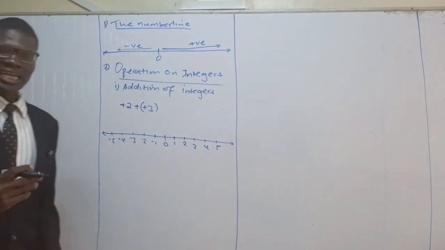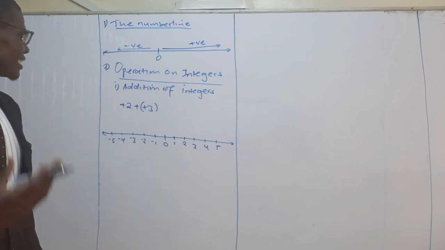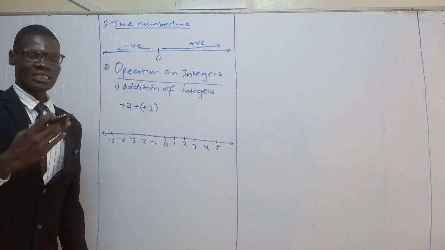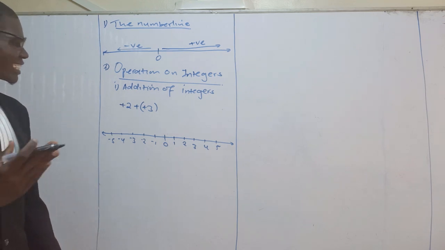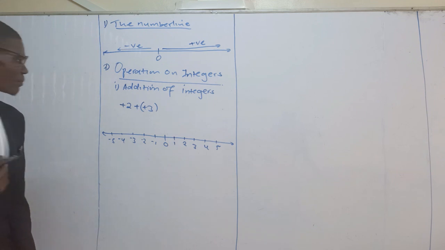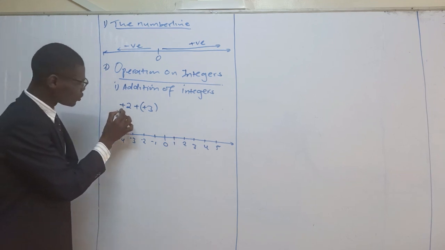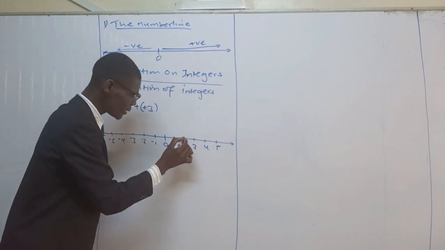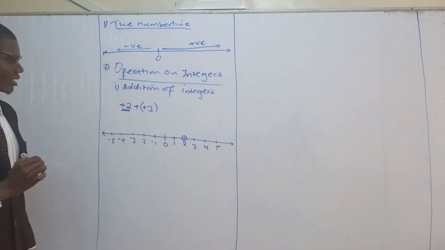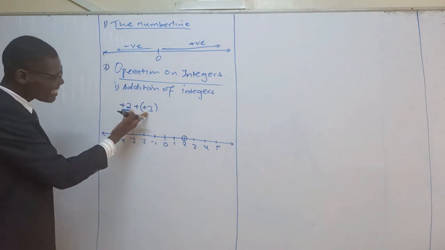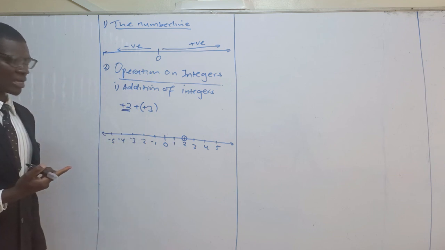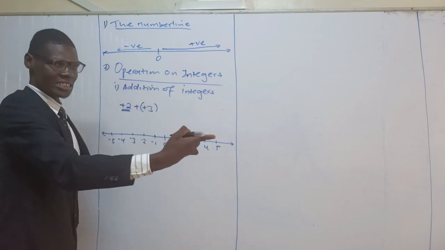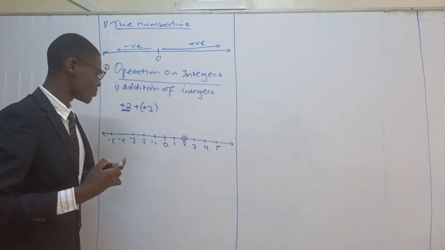Now when we are adding integers, we go to the number to which we are adding another integer. For example, here our number is positive 2. We go to where the positive 2 is. Then we are adding positive 3, so we move 3 steps on the right where the positives are.